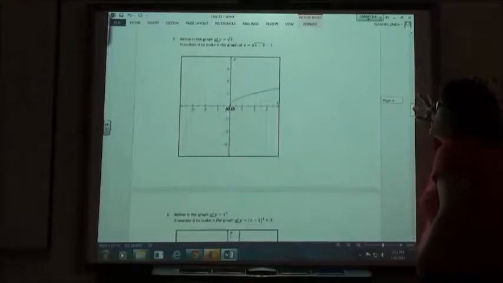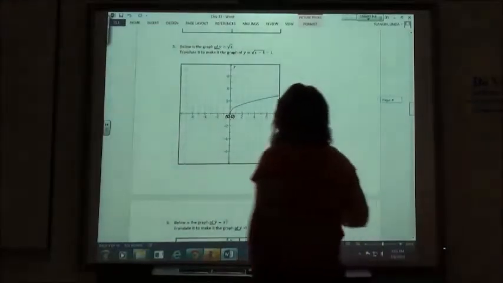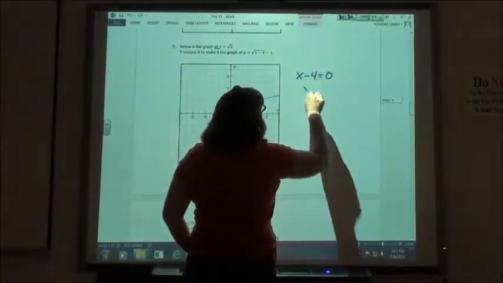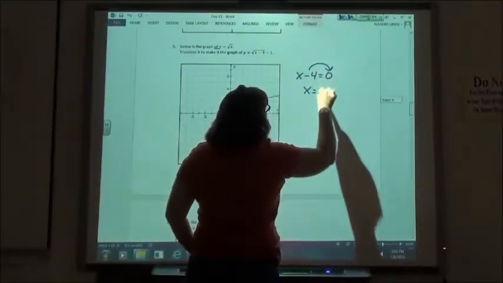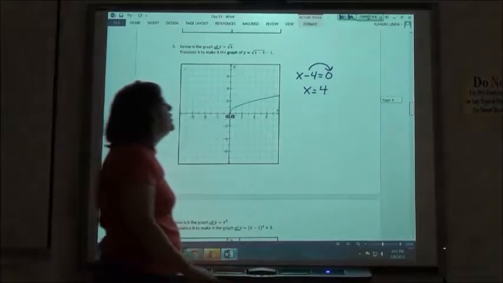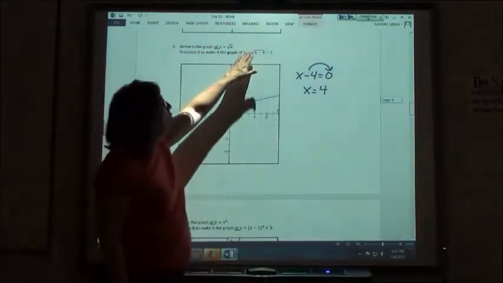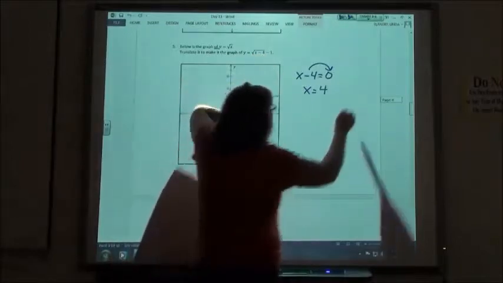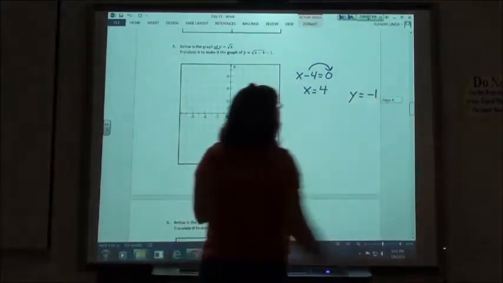So if I'm looking at number 5 and I'm looking at the translation, again, I have x minus 4 under my square root. So when I move that over, I'm going to plus the 4. X is going to equal 4 in order to make this 0. 4 minus 4 is 0, and then y is going to equal the end number, minus 1.